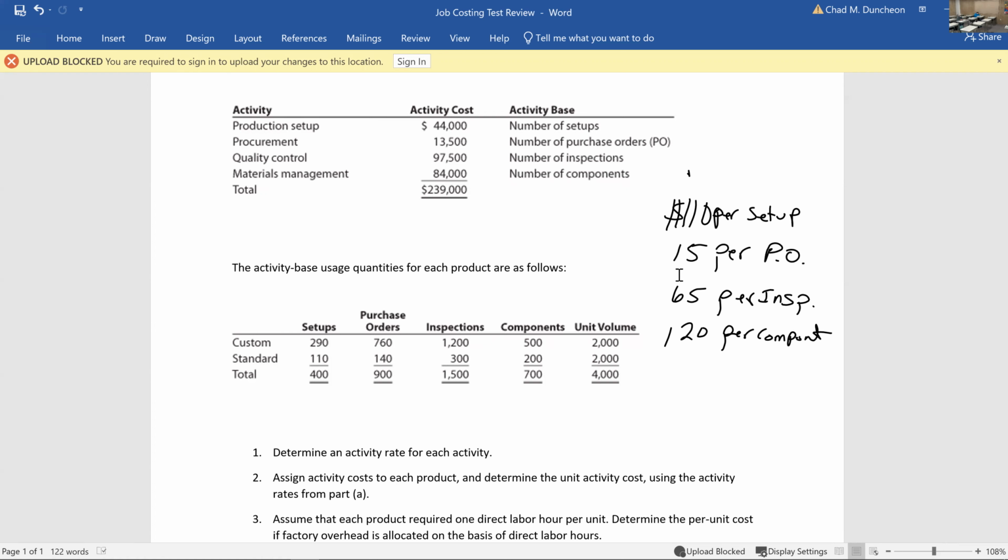There were my activity rates. After that, you just need to start applying them to each product. We need a total product, a total overhead for each product.